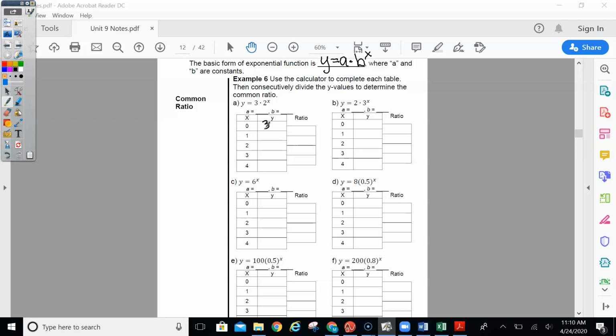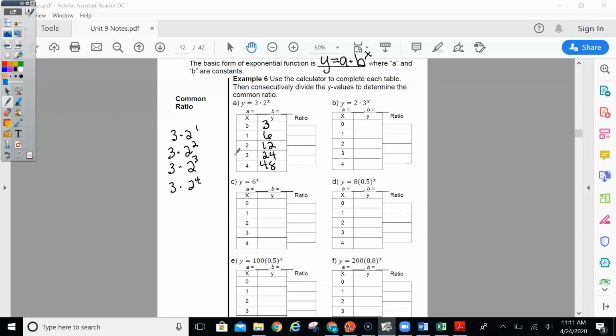If I plug in 1, 2 to the 1 is 2, times 3 is 6. 2 squared is 4. 4 times 3 is 12. 2 cubed is 8. 8 times 3 is 24. And 2 to the 4th is 16. 16 times 3 is 48.